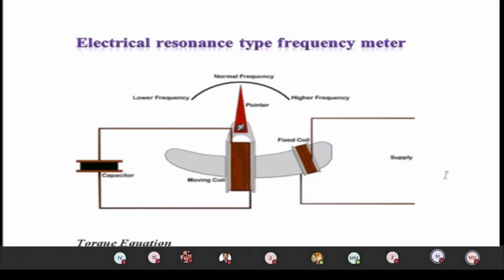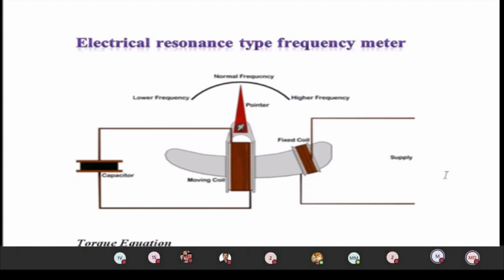Again a resonance condition will occur, and the pointer is going to be kept at standstill position. Assume the pointer has been moved towards the left hand side, indicating lower frequency. By this way only we are going to measure the frequency of supply, whether it is lower frequency or normal frequency or higher frequency.